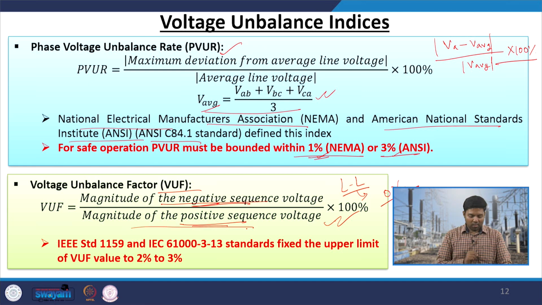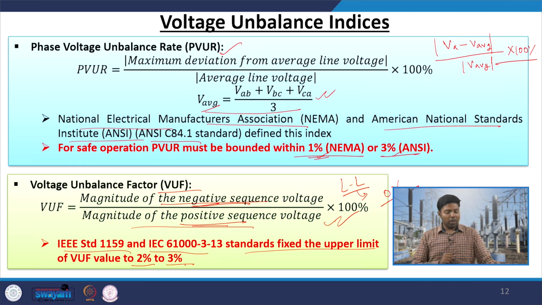With this, the IEEE standard 1159 and IEC standard 61000-3-13 say that the VUF, or voltage unbalance factor, as per IEEE should be 2% or lesser, the maximum value is 2%, and as per IEC the upper limit is 3%.